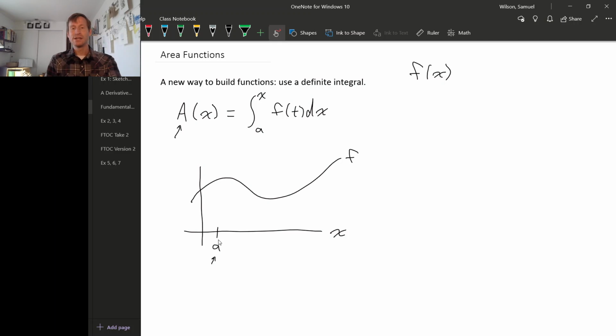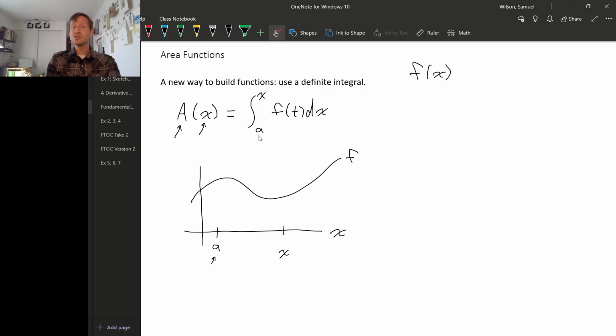Now the upper bound of this integral is some variable spot, which we're going to call x, and we can grab onto this spot x and move it to the right or left, depending on what the input to this function is. So the left-hand end of this is fixed, and the right-hand end we can imagine sliding around.